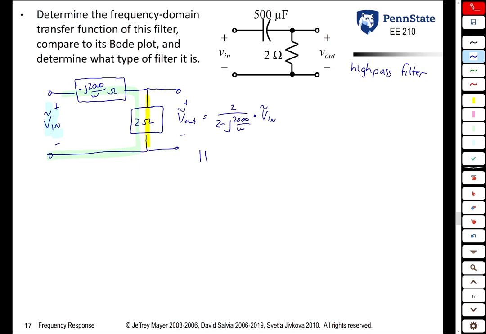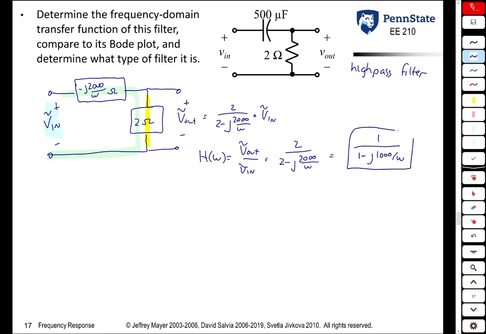So the transfer function H of omega, by definition, V out over V in, is just 2 over 2 minus J 2000 over omega. We can now divide both the numerator and denominator by 2 to get 1 over 1 minus J 1000 over omega. Let's look at what the magnitude response and the phase response would be.